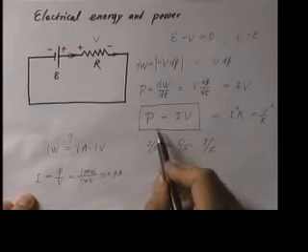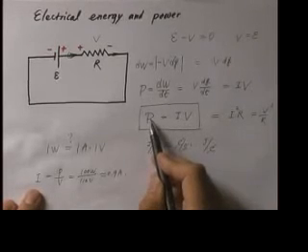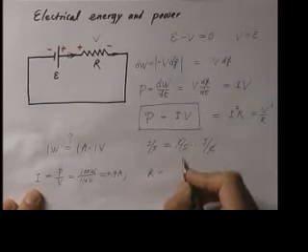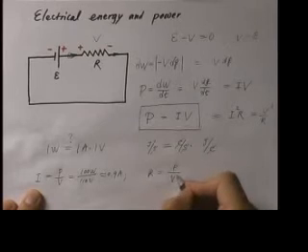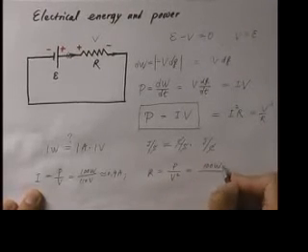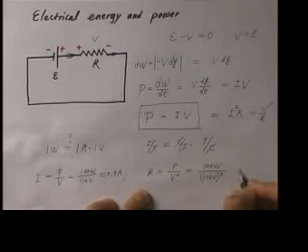You can also work out the resistance of the tungsten filament of a 100-watt light bulb, because this is 100 watts and this is 110 volts. So R equals what? V squared over P, which is 110 volts squared divided by 100 watts, and whatever that is.